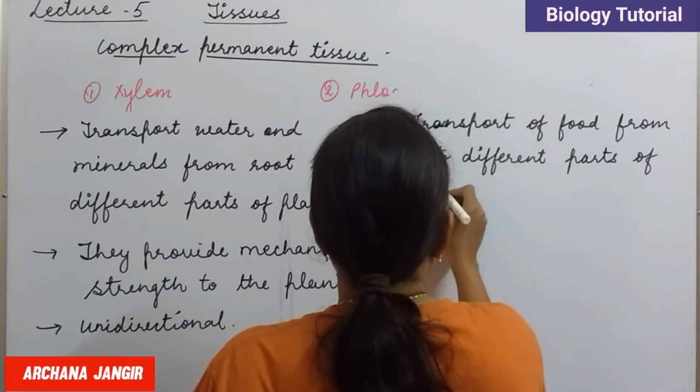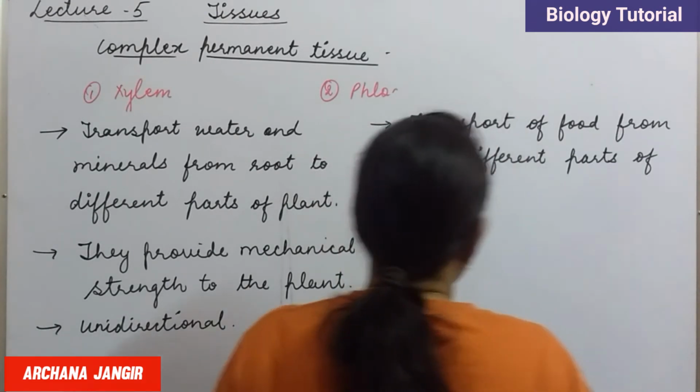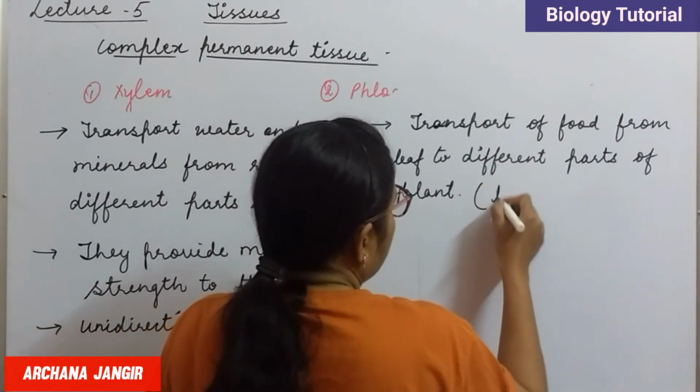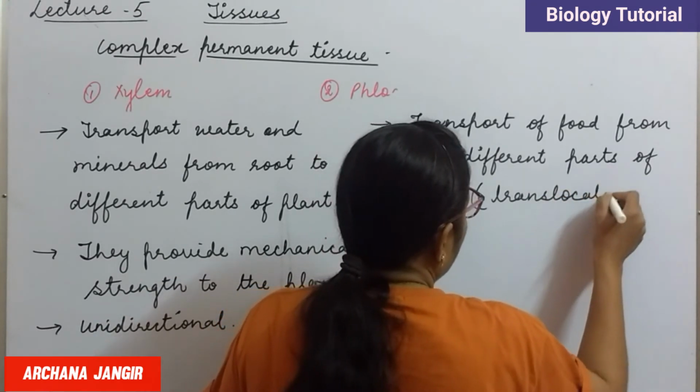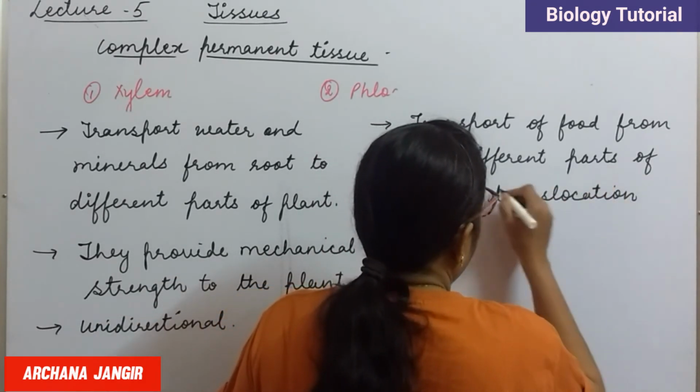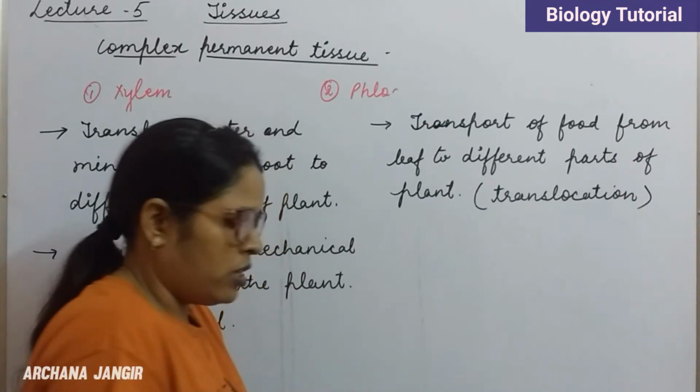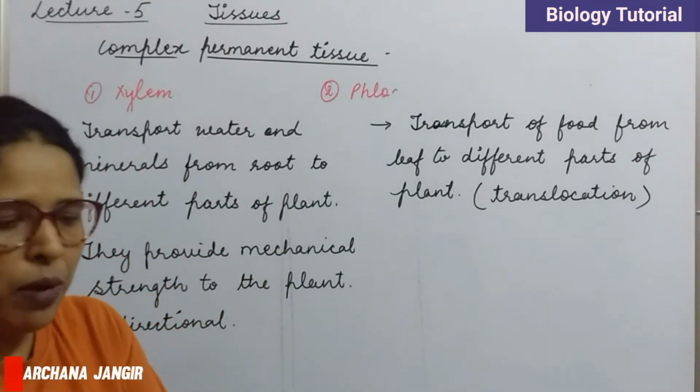Yeah, and the activity of phloem is called translocation, because the functional unit in case of phloem is sieve tubes. ठीक है, sieve tubes, sieve का मतलब क्या होता है?